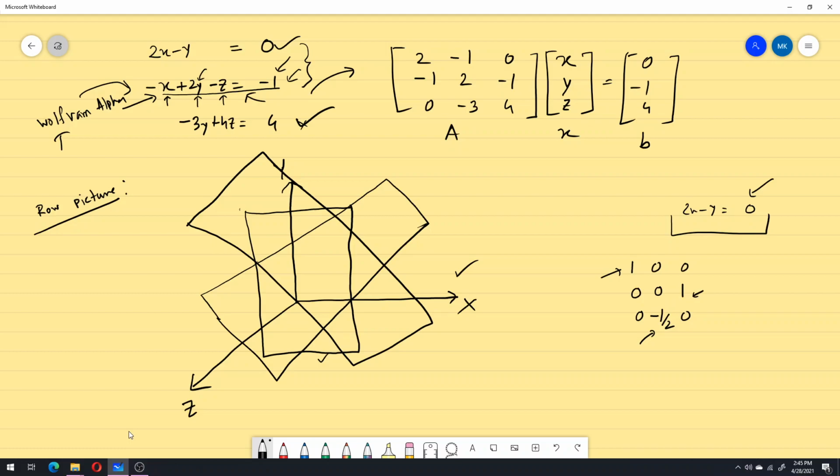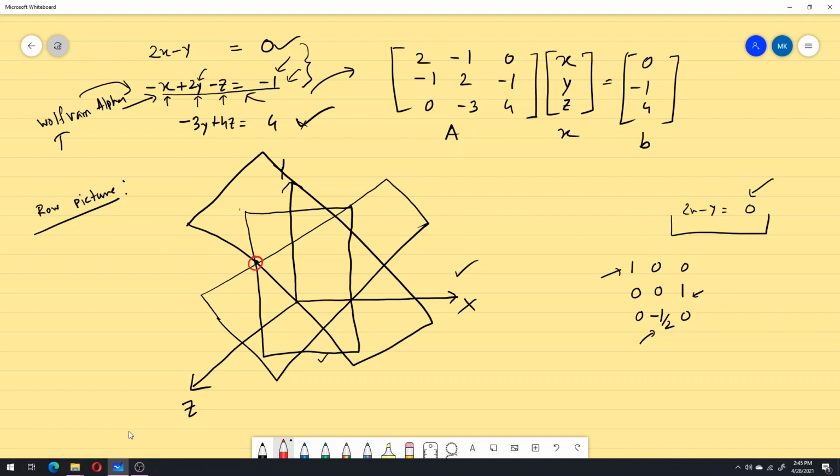The solution would be a single point, as you can see here. Okay, so you will get one single point if you have three planes meeting each other in 3D. Okay, so the picture is clear.